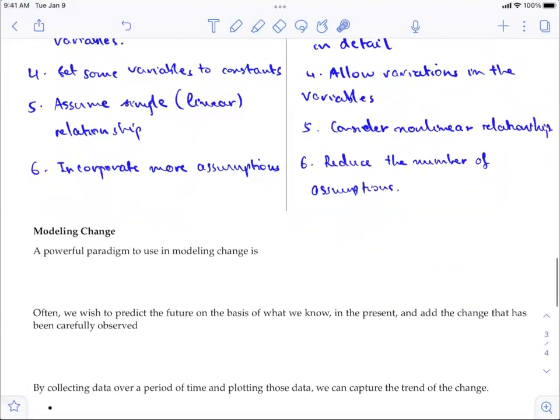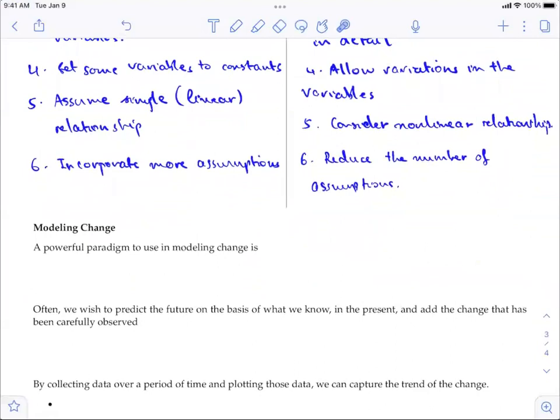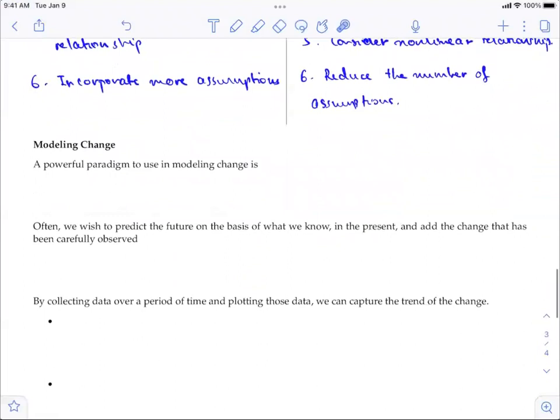All right. So the next step is to study different models. The first thing that we're going to study is called modeling change. Usually we look at the present value and the change, and combined together they give you the information about the future value.